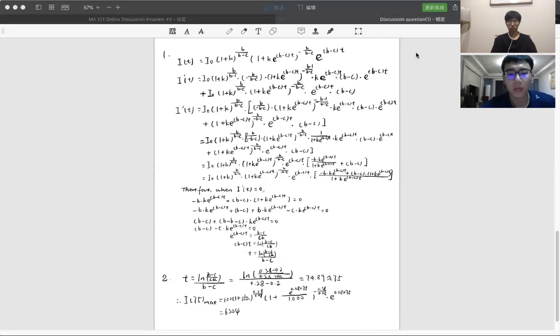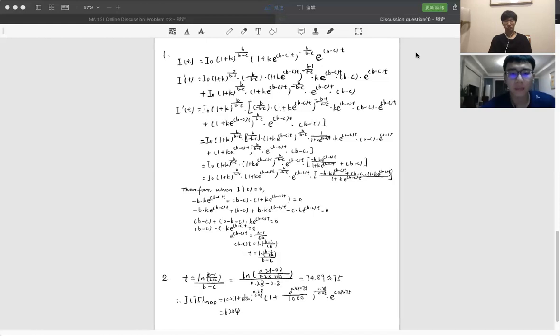Other numbers such as b, c, and k are all constants, and I0. So I0 times (1 plus k) to the power of b divided by b minus c is actually a constant number, so we can just put it outside of a bracket.